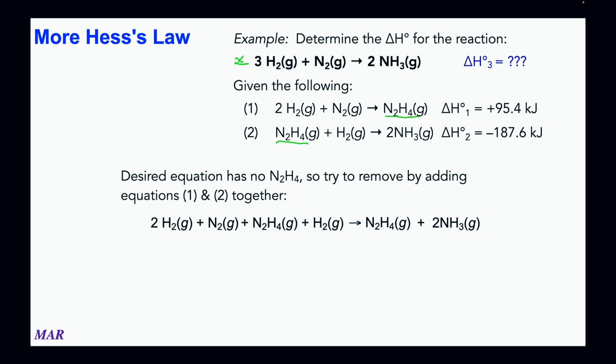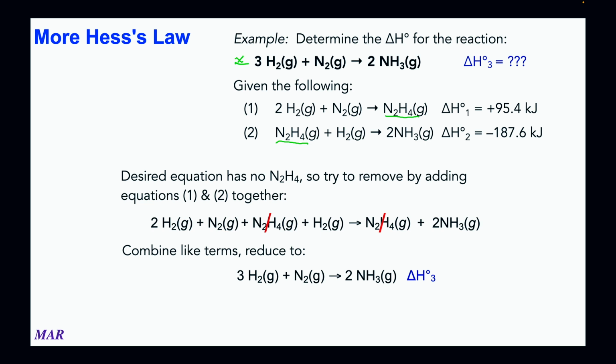And why this is kind of cool, people sometimes see this better: you've got N2H4 on both sides. So in math, if you had an X on both sides, you could subtract X to get rid of it. Chemists will just cancel out N2H4. And so the pieces that are left, you've got 1 N2, but you have 2 plus 1, 3H2, and that's going to make 2NH3. And that's really what delta H3 is going to be all about.